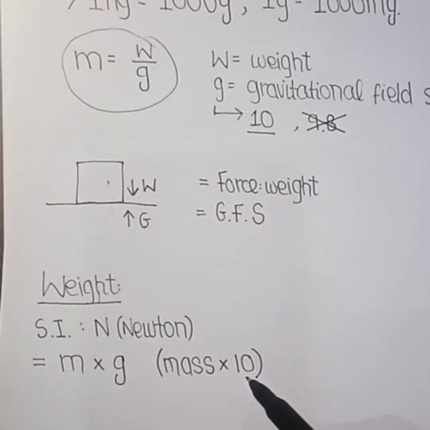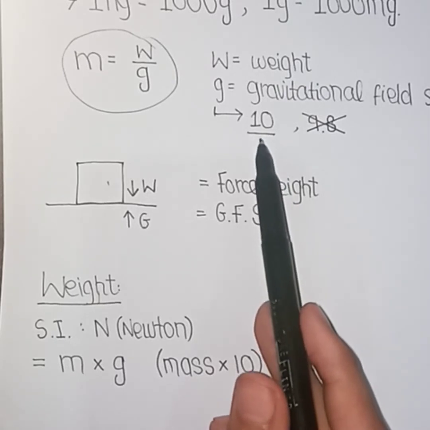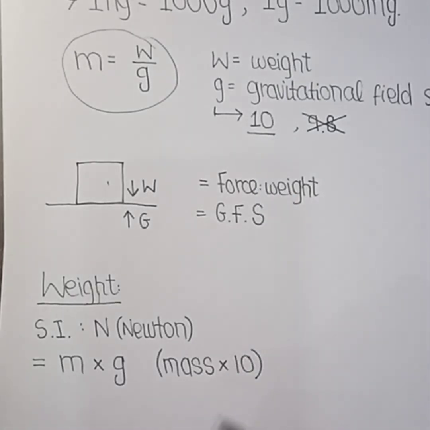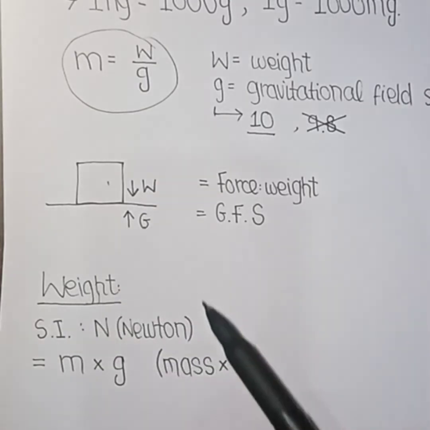Where does the 10 come from? The value of gravitational field strength. You need to memorize it. So when you multiply mass with the value of gravity, 10, your answer will be the weight of an object.